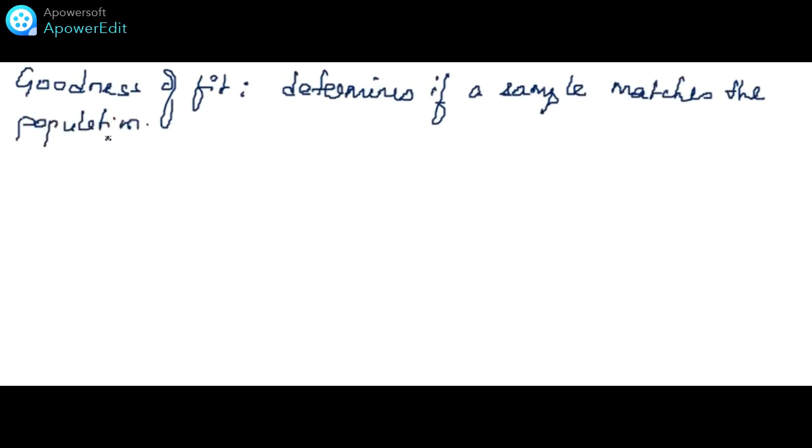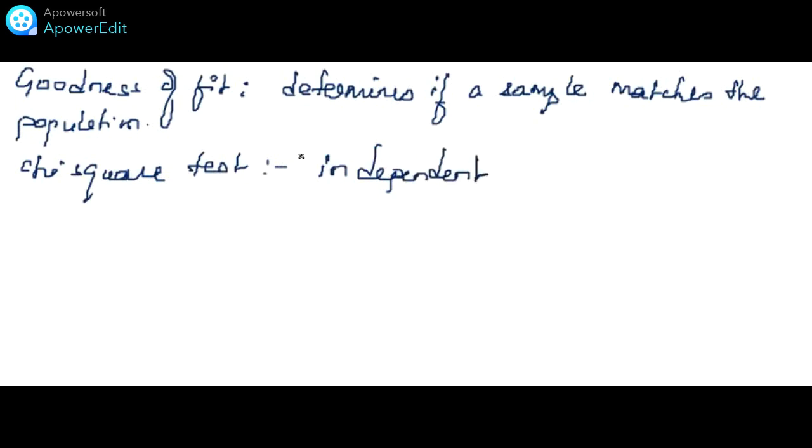And what is chi-square test? A chi-square test is for two independent variables. It compares two variables to check if the data fits.